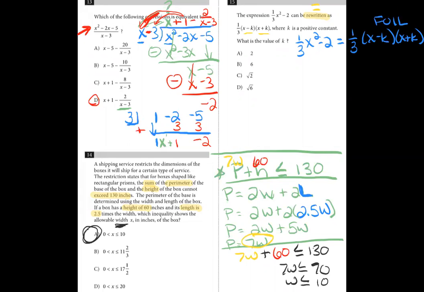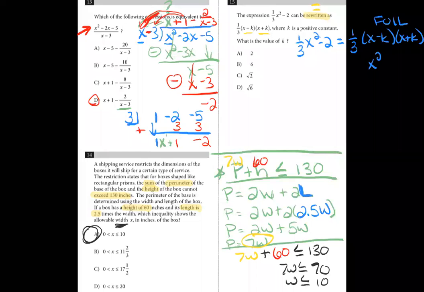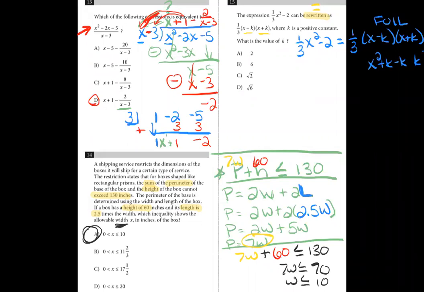So that will give me x squared plus k minus k squared times the original 1/3. On the left side, there's nothing I can do there yet, so I'm just going to leave that alone. Plus k minus k, that's nice. That makes it a little easier to deal with. So we have 1/3 and then x squared minus k squared.